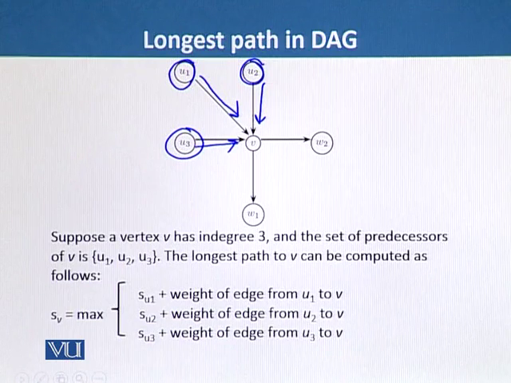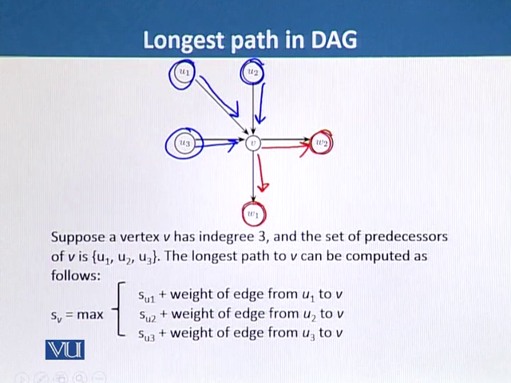These are the set of predecessors of vertex V. We can also see 2 edges going out of this vertex, which we call the outflow, designated W1 and W2. So we have 3 inflow edges and 2 outflow edges in this graphic display.